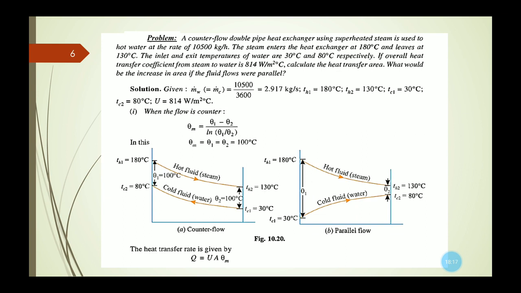If the overall heat transfer coefficient from steam to water is 814 watt per meter square degree centigrade, then we need to calculate the heat transfer area. Now, what would be the increase in area if the fluid flows were parallel?